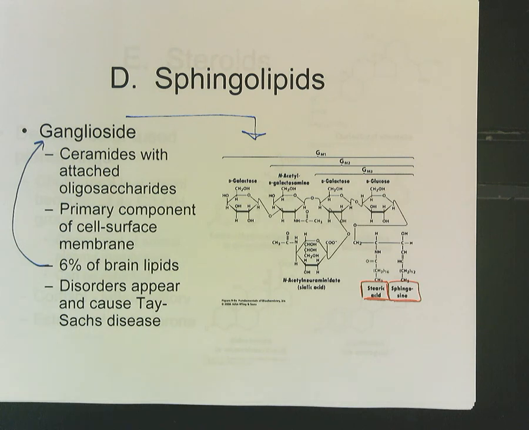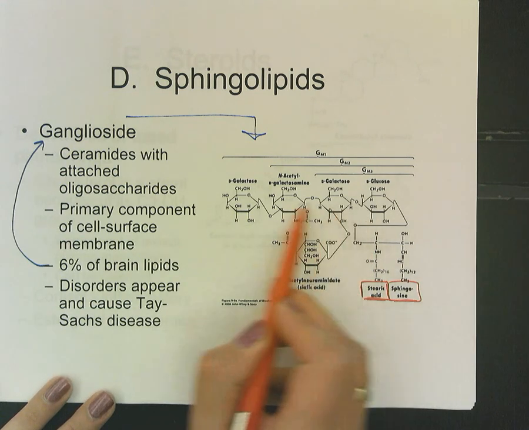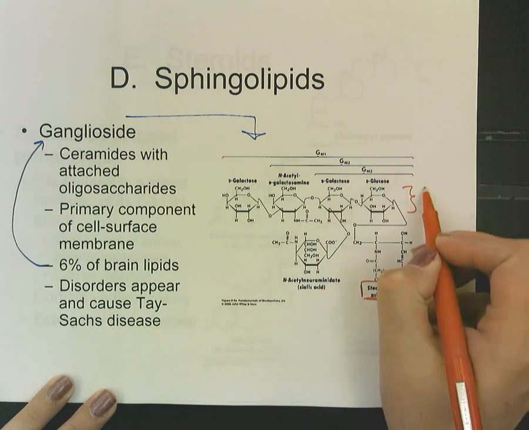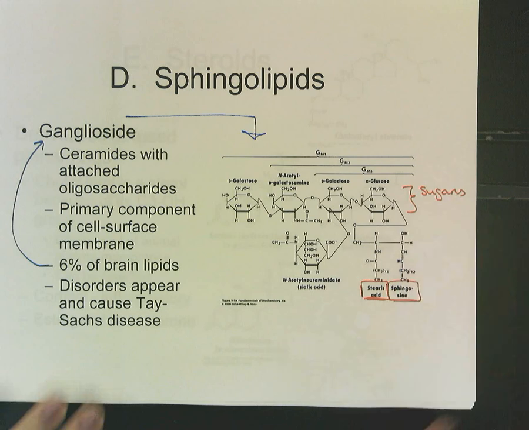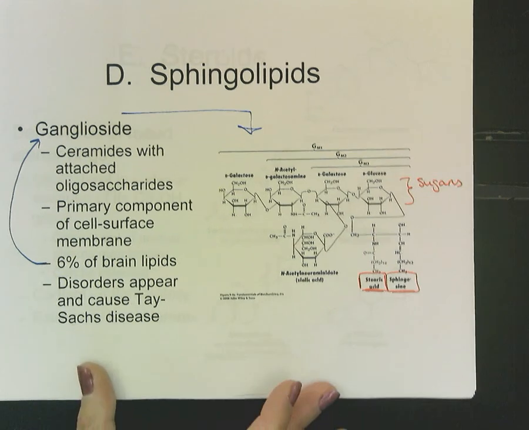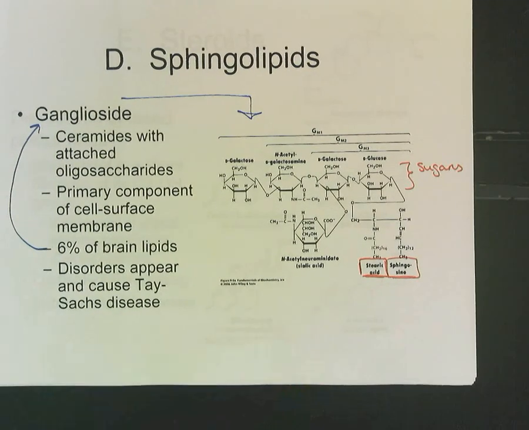And then we haven't gotten to sugars yet, but it has a bunch of sugars attached to it. The reason I picked this sphingolipid out of all the sphingolipids that there are possibly out there is that when there's a malfunction in the ganglioside development, you end up with a disease called Tay-Sachs disease.